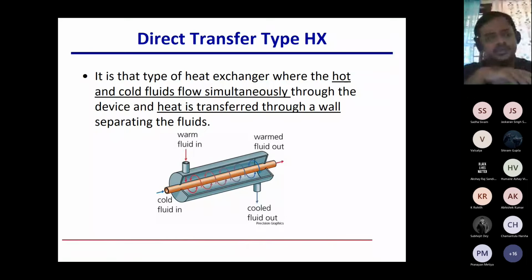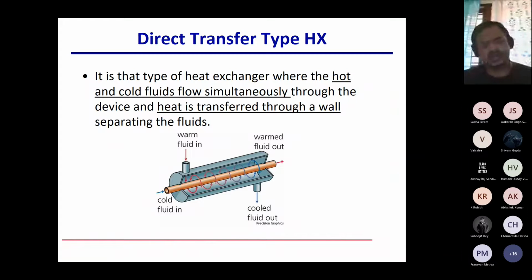Very important. That is true for most heat exchangers that we see around us. There is a hot fluid, there is a cold fluid, both of them are flowing, and then the heat is transferred between them through a wall separating the fluids.